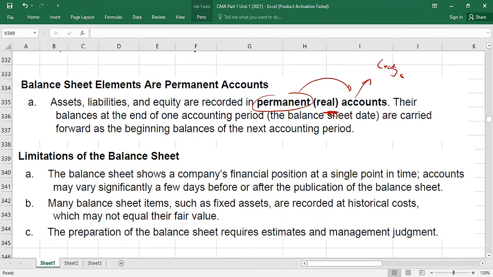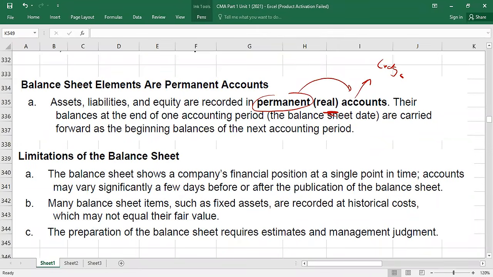Now, for assets, you always have an opening balance in the ledger, and at the end of the year you will have a closing balance, obviously. For liabilities, you will have an opening balance and a closing balance. For equity also, opening balance, closing balance, and changes you are recording. Right?